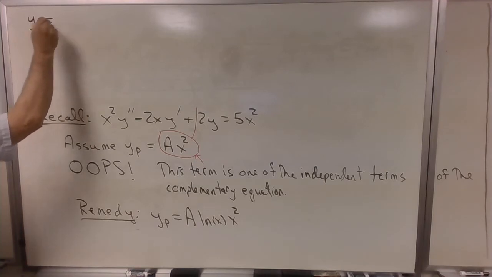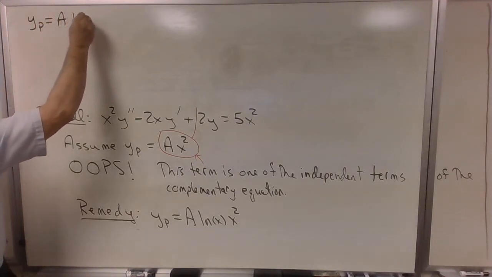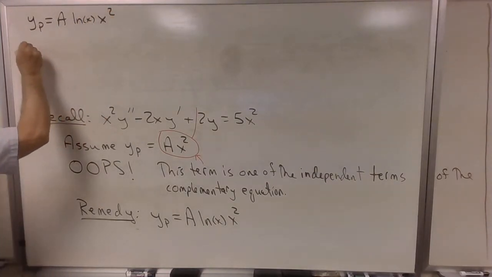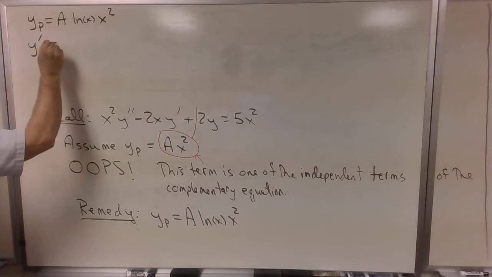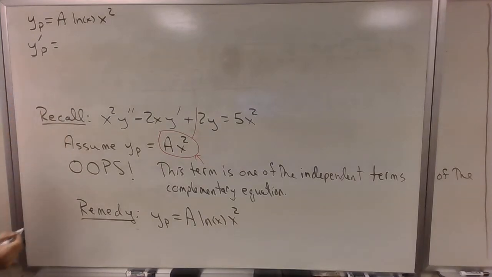So y particular is a natural log of x, x squared. Y prime particular, we compute the derivative of this, but this is a product.